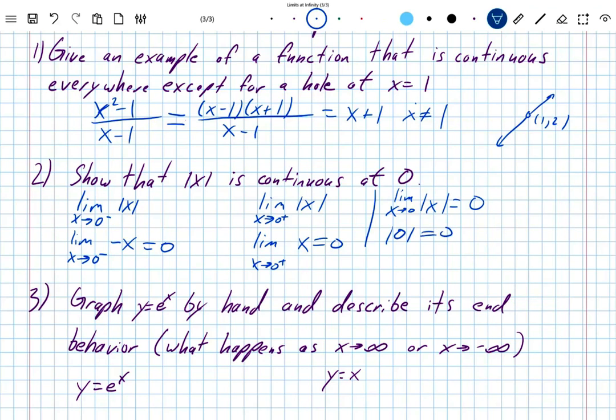Okay, so the limit agrees with the function value. So it's continuous.